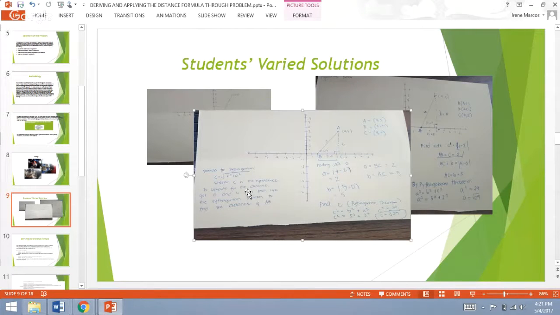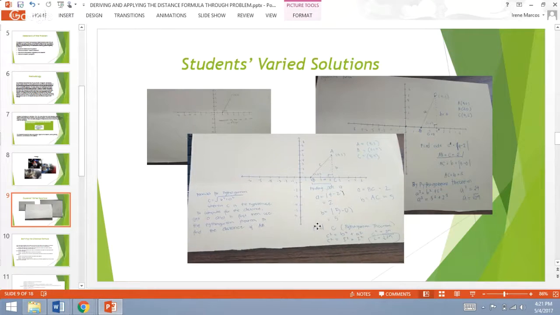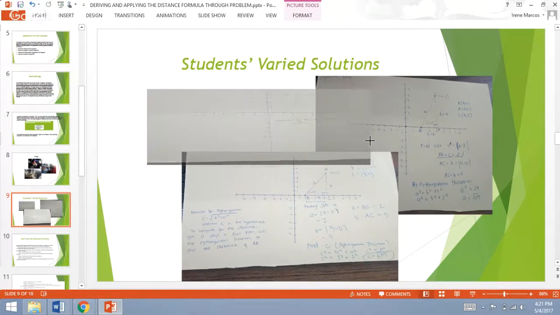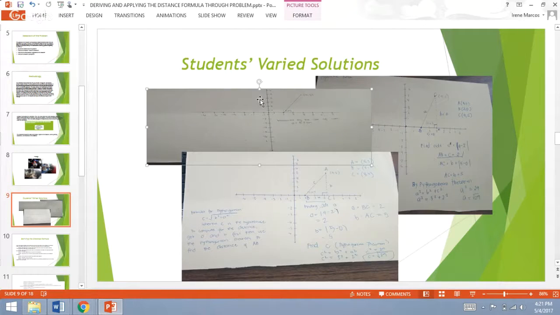They put the formula of the Pythagorean theorem and said C is the hypotenuse, and to compute the distance, get A and B first, then use the Pythagorean theorem to find the distance. So they actually explained it. In the first picture, by the way, the student put 5.3 as the measurement from the ruler.